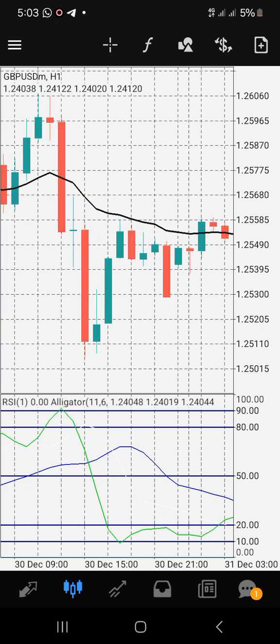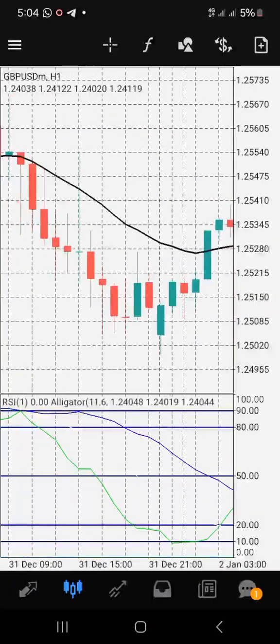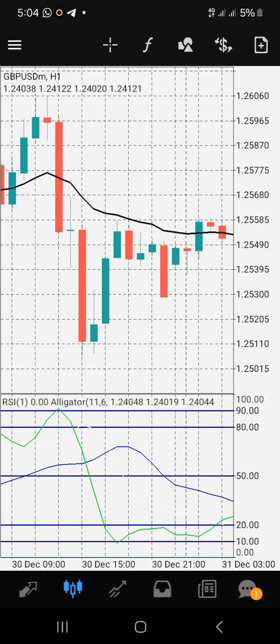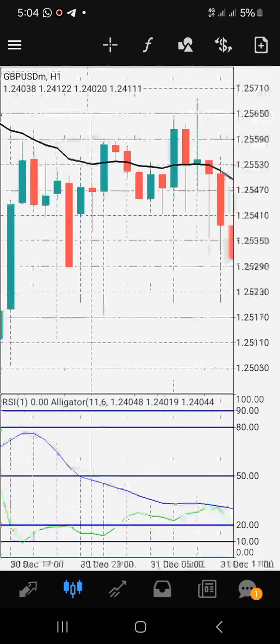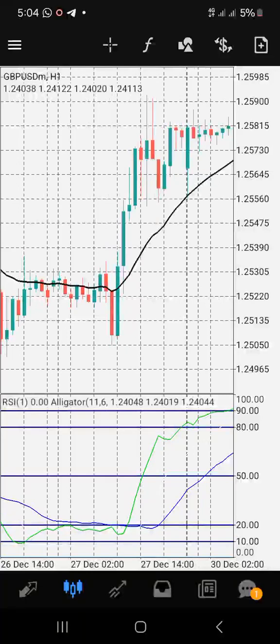A candlestick pattern is a group of two or more candlesticks that forms a pattern. The first pattern we are going to be looking at is the three white soldiers. What are three white soldiers? Three white soldiers are three bullish candlesticks. By bullish candlesticks, I mean candlesticks that represent buyers, that is the green candlesticks here.